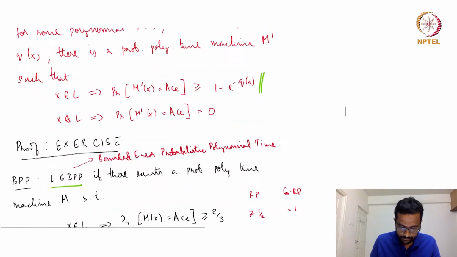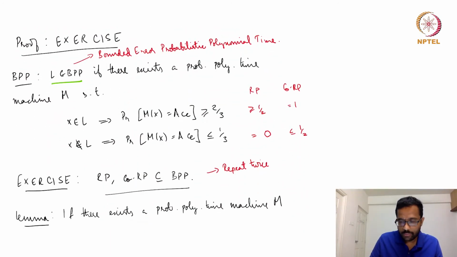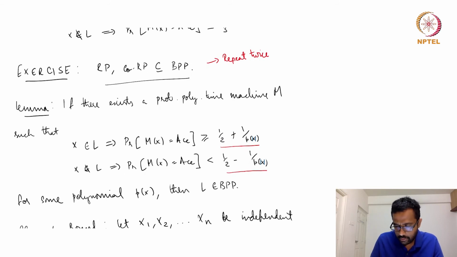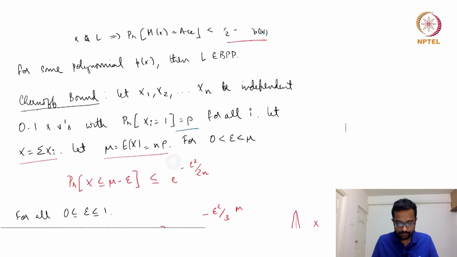Once again, I want to say that this 2/3, 1/3 could be replaced by 3/4, 1/4, or 9/10, 1/10. Or as we saw here, it could be very close to half also. Half plus some constant certainly works, but half plus 1 by polynomial also works, and half minus 1 by polynomial.